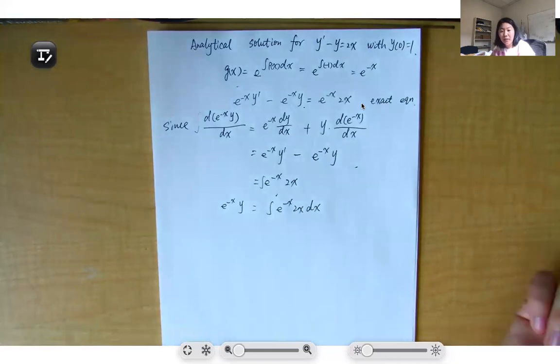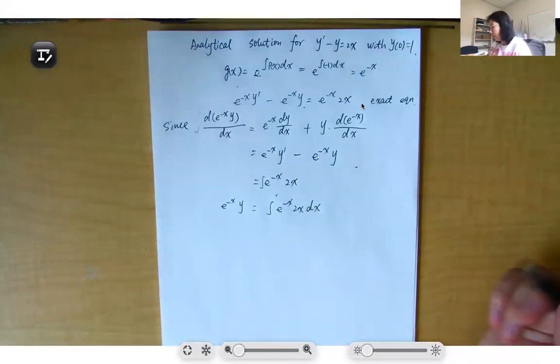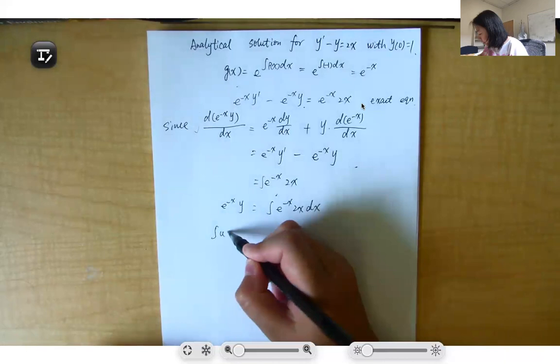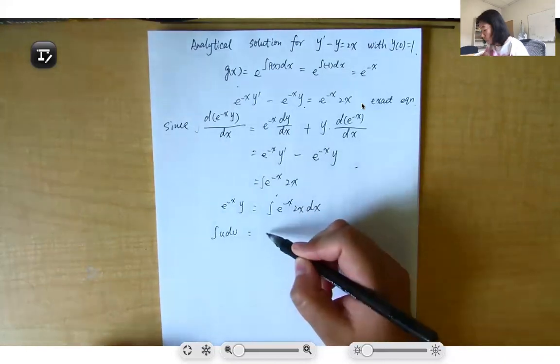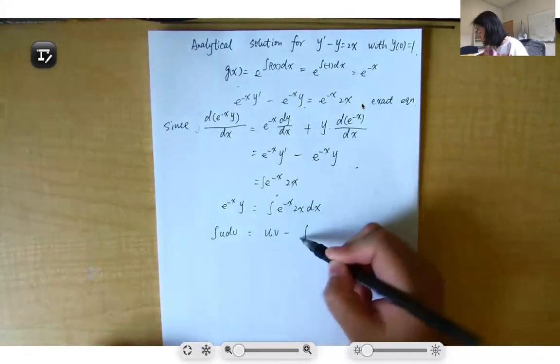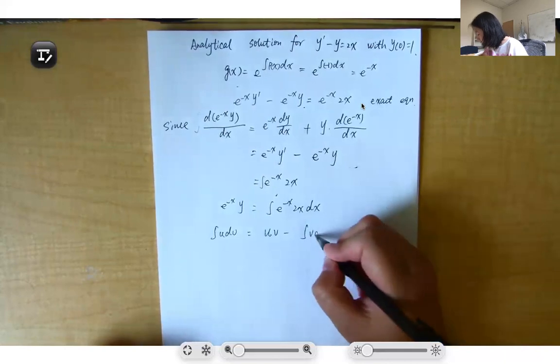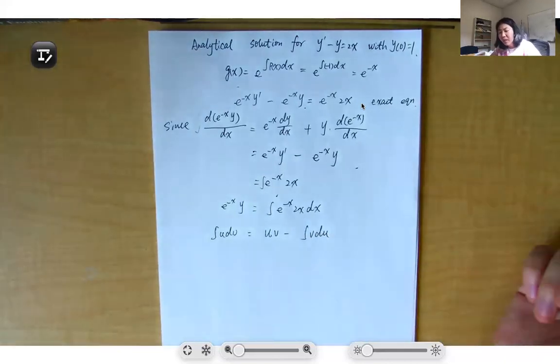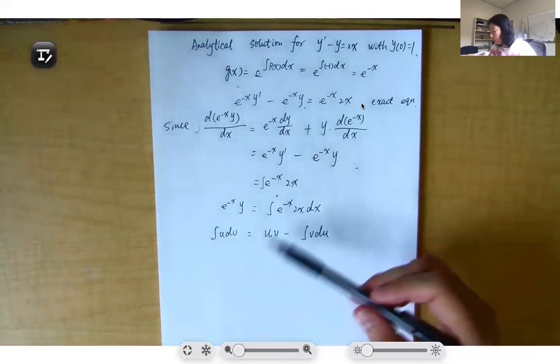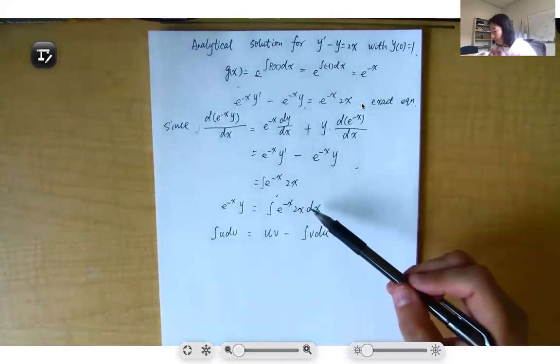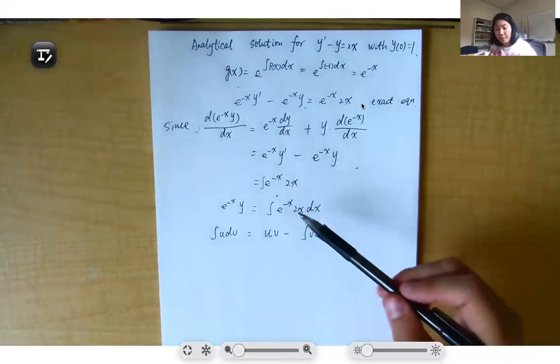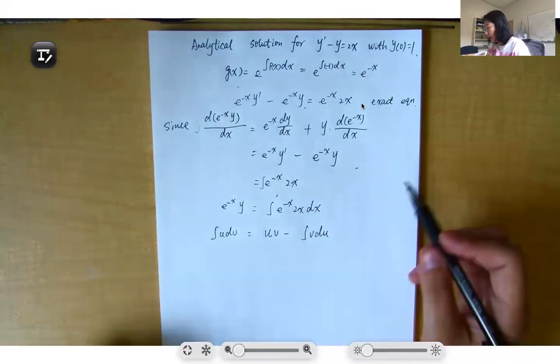And you learned that before: if you have the integral of u dv, that will be equal to uv minus the integral of v du. Then let's just figure out what this integral looks like in the end. So we have our u.